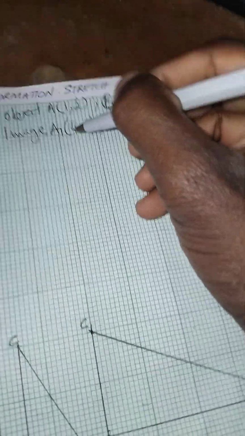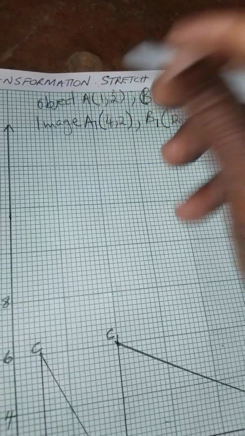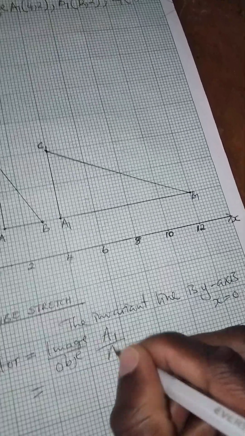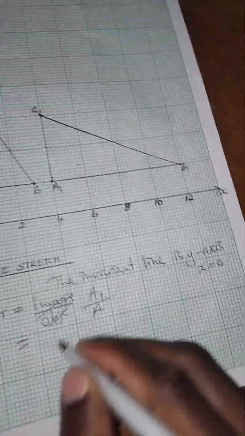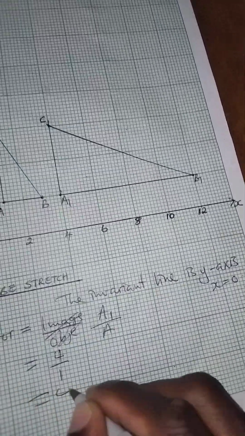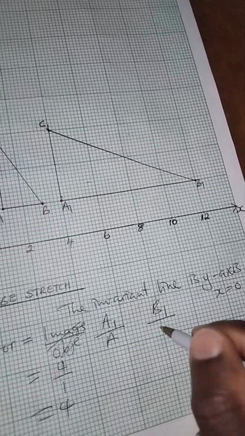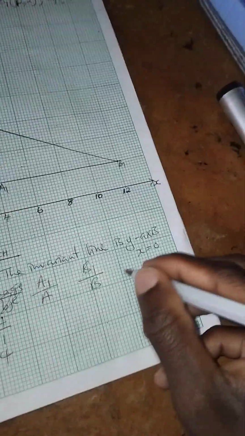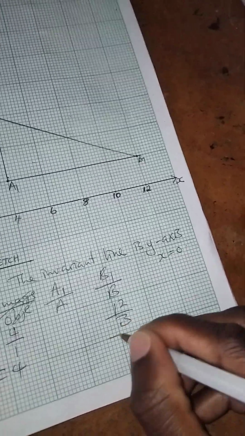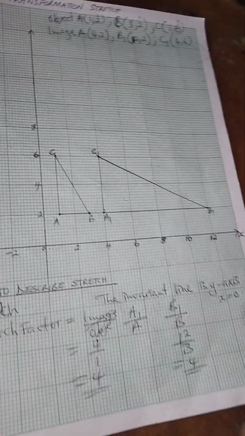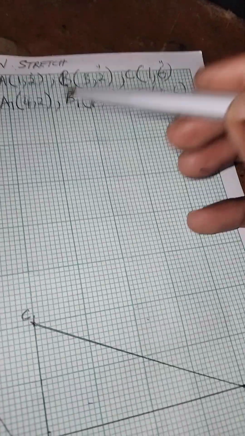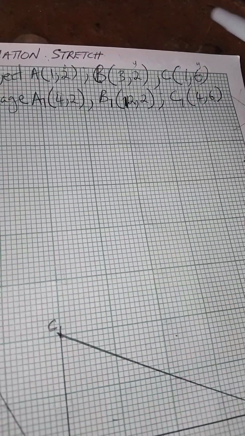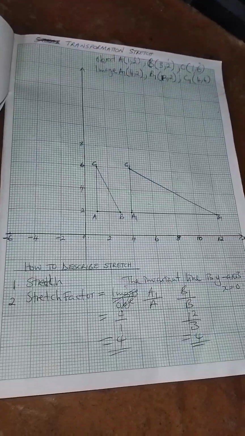Take one point: A1 over A, 4 divided by 1 is 4. Take B1 over B, 12 over 3, which is 4. They are the same. First identify the invariant line, the one with the same coordinates. Here it is the y-axis, so we use the x coordinates to find the scale factor. Thank you. Right, let's do one example.